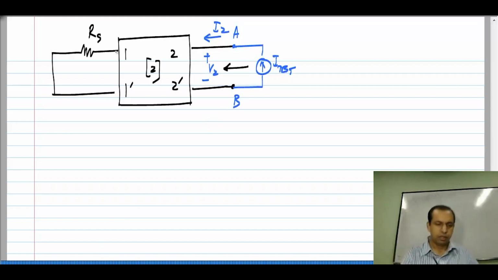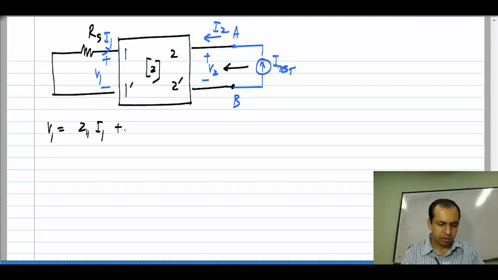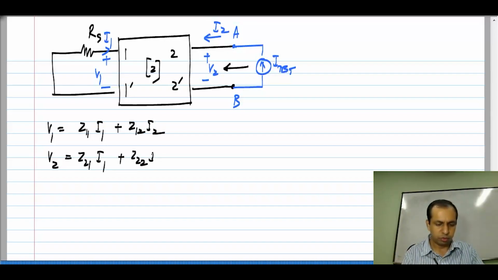I also have this V1 and I1 over there. Now, again we have V1 is Z11 I1 plus Z12 I2 and V2 is Z21 I1 plus Z22 I2.